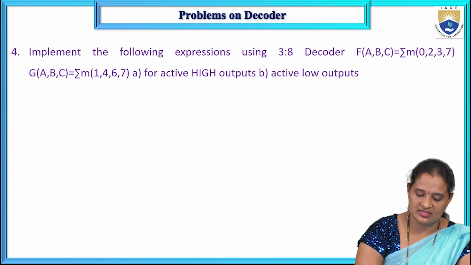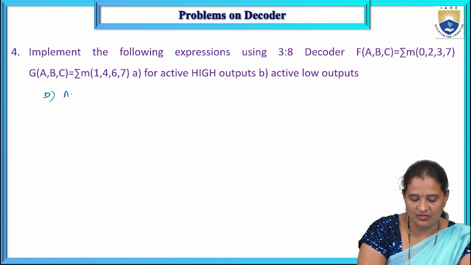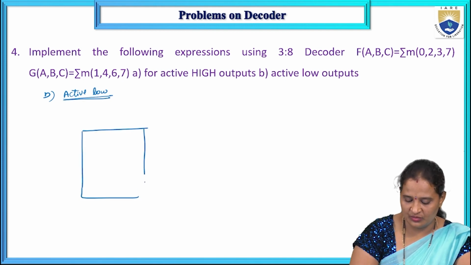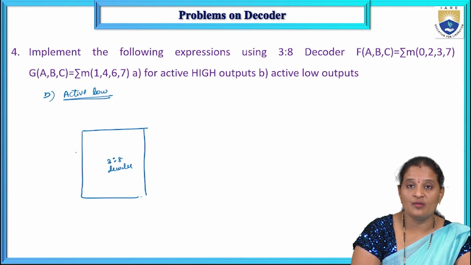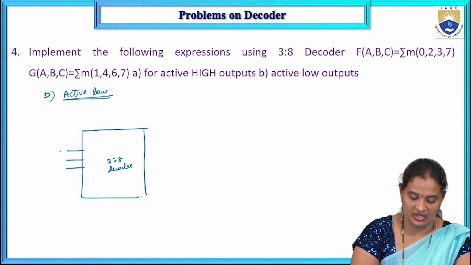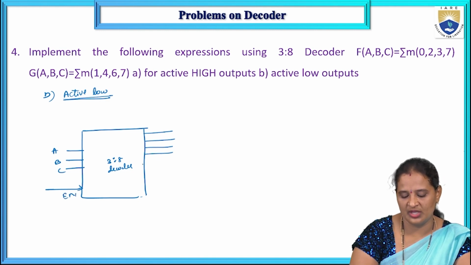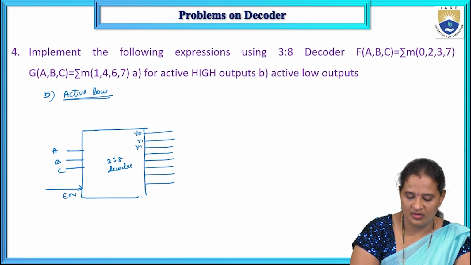Now coming to the second case, that is active low. So here we are taking a 3 to 8 decoder, which has 3 inputs A, B, C and one enable input, and outputs y0, y1, y2, y3, y4, y5, y6, y7.